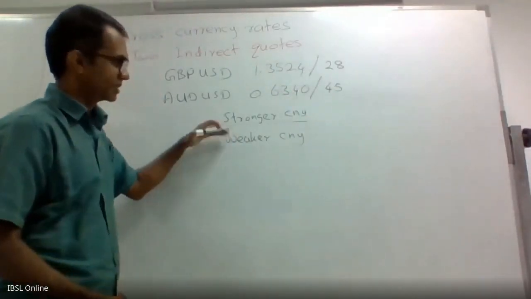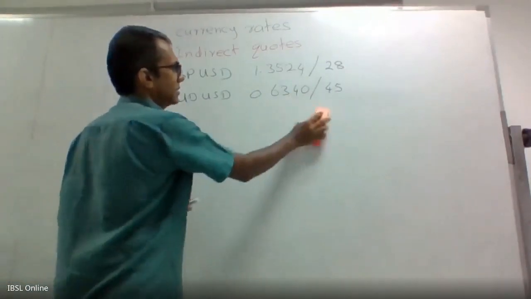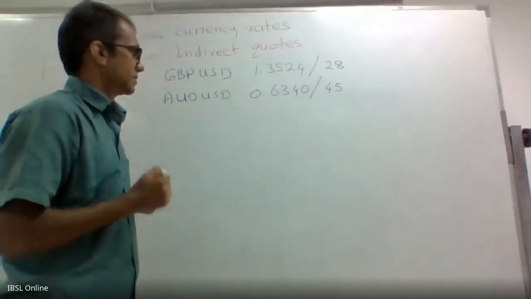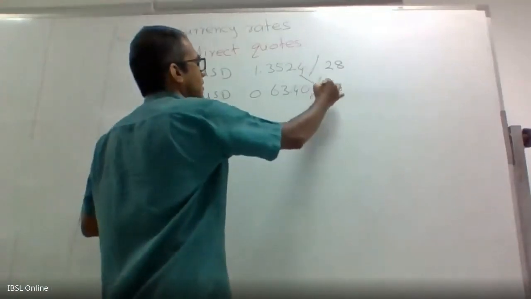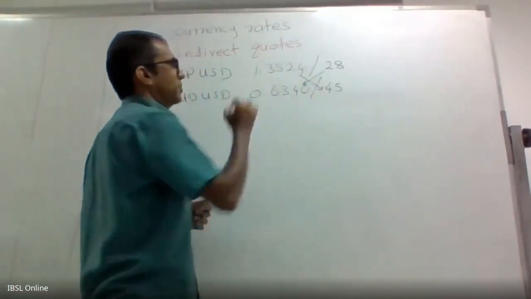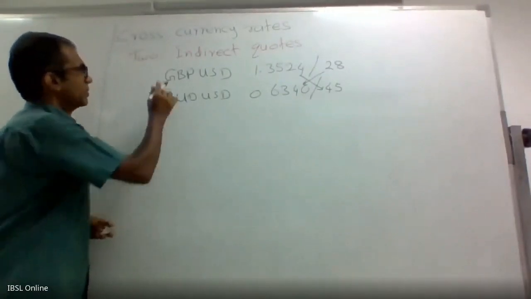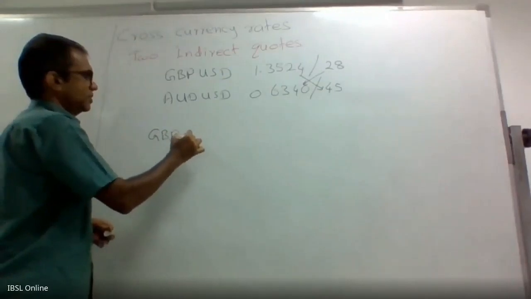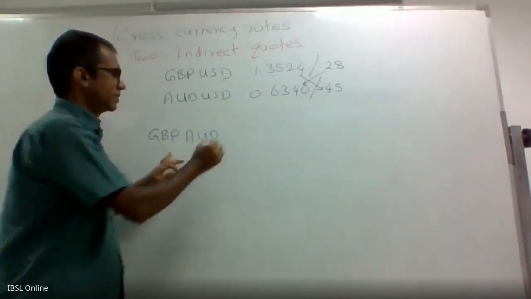We can still use the same concept, but we have to think about the impact of bid offer. The same rule we apply here, cross division. So stronger currency is GBP, AUD. That's the exchange rate that we want to find.